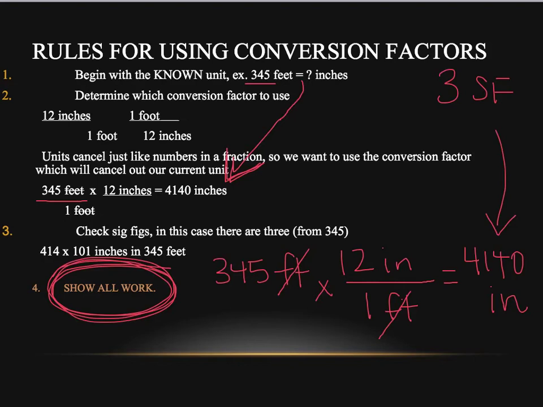You could convert this to scientific notation if you wanted to, which is what is shown here. It would be 4.14 times 10 to the 1, 2, 3 inches. This is not correct. I don't know where this came from, so disregard that. If you were going to do it in scientific notation, it would look like this.